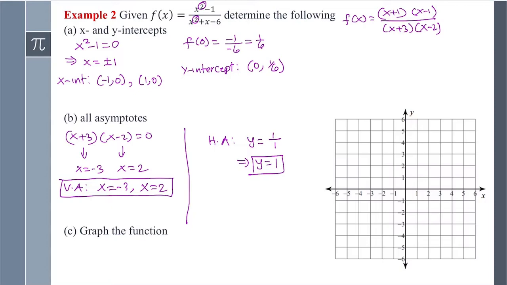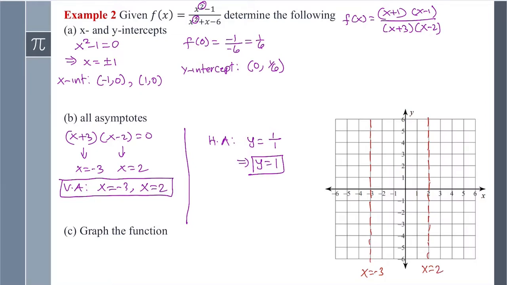Now, in order to graph this function, we are going to do the same thing. We'll first graph the asymptotes. We have the vertical asymptote at x equals negative 3, so right here, which is x equals negative 3. Then we have an asymptote at x equals 2 right here, another vertical asymptote, which is x equals 2.